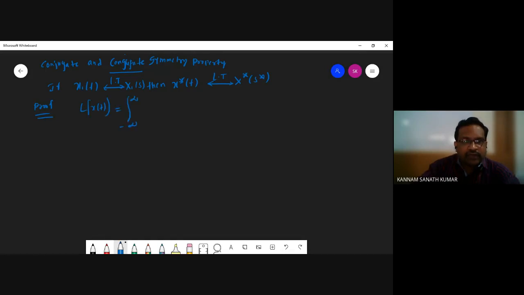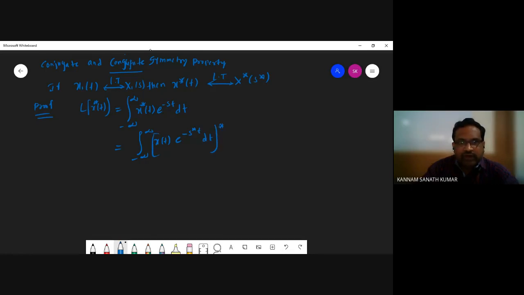Integration from minus infinity to infinity of x of t into e power minus st dt. Now for the Laplace transform of x star of t, we write x of t, and if you apply a whole conjugate, conjugate of conjugate is nothing but the real value, so e power minus s star t dt, again whole star.